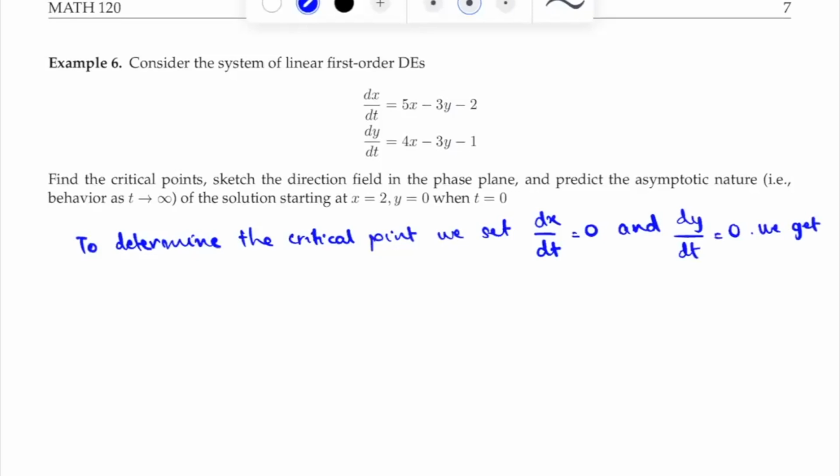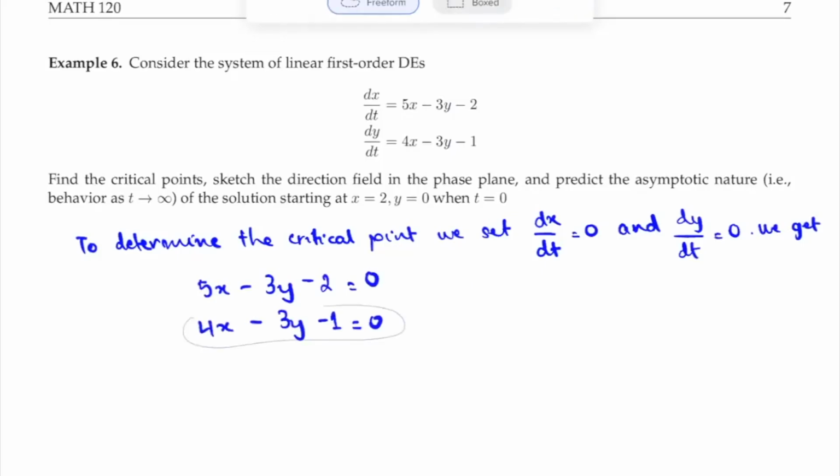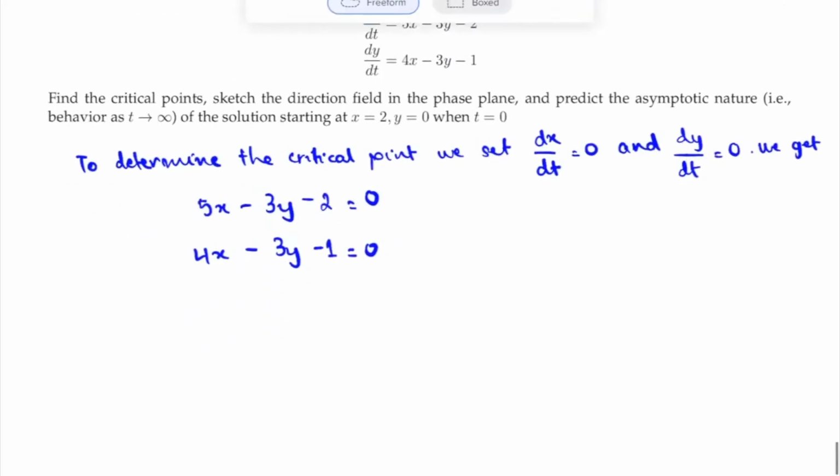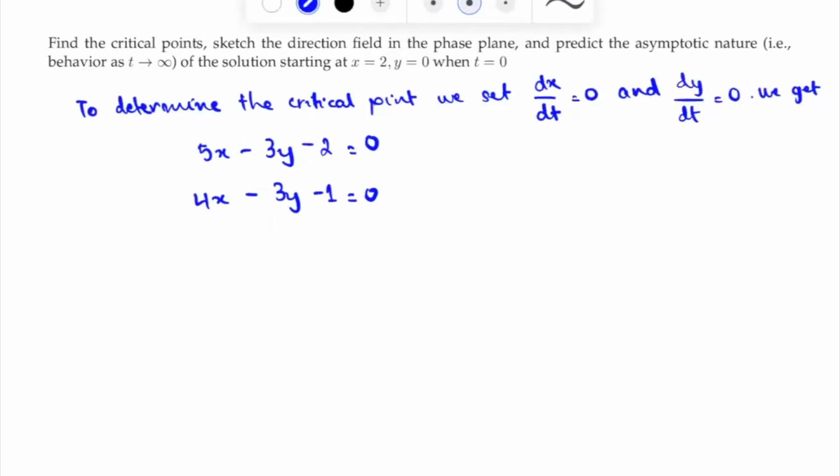Right. So it's not as straightforward as the other examples to find the critical points. So from here, when you set the derivatives equal to 0, you obtain a system of linear equations: 5x minus 3y minus 2 equal to 0, and 4x minus 3y minus 1 equal to 0. This allows us to solve the system of two equations to get the value of x and the value of y.